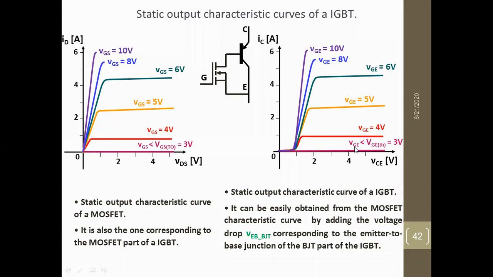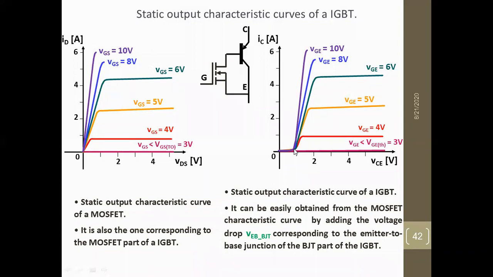This is the gate emitter voltage less than the threshold voltage. This line is the starting point, greater than the threshold voltage. Whenever the threshold voltage is applied, the device turns on. For example, silicon or germanium diodes in electronics have 0.7 volts or 0.5 volts as the minimum voltage to turn on the switch.